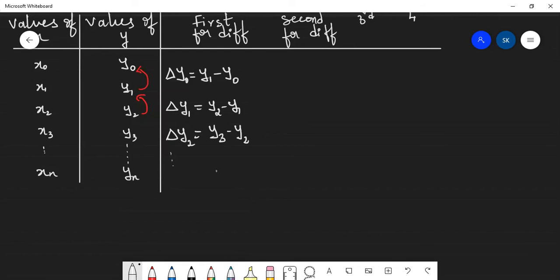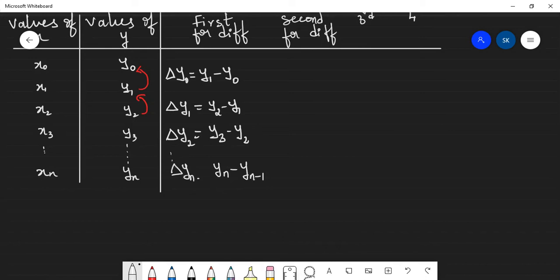The last subtraction will be between yn minus 1 and yn, where you will get the value yn minus yn minus 1.